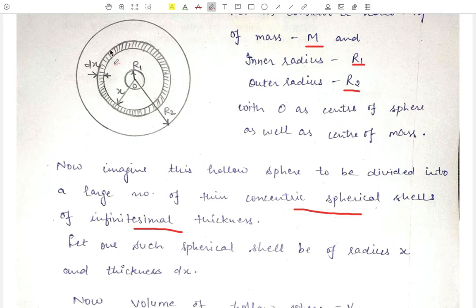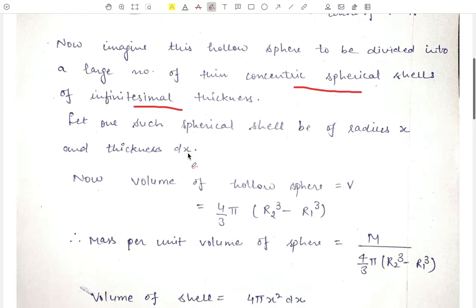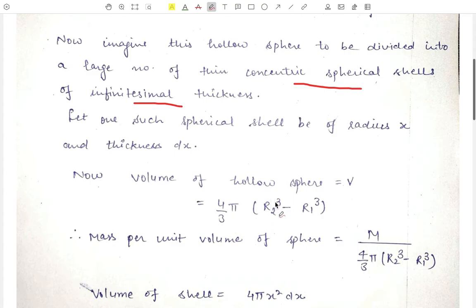Now the volume of this hollow sphere is equal to 4/3 π (r2³ − r1³), using the formula of the volume of a sphere, 4/3 π r³.